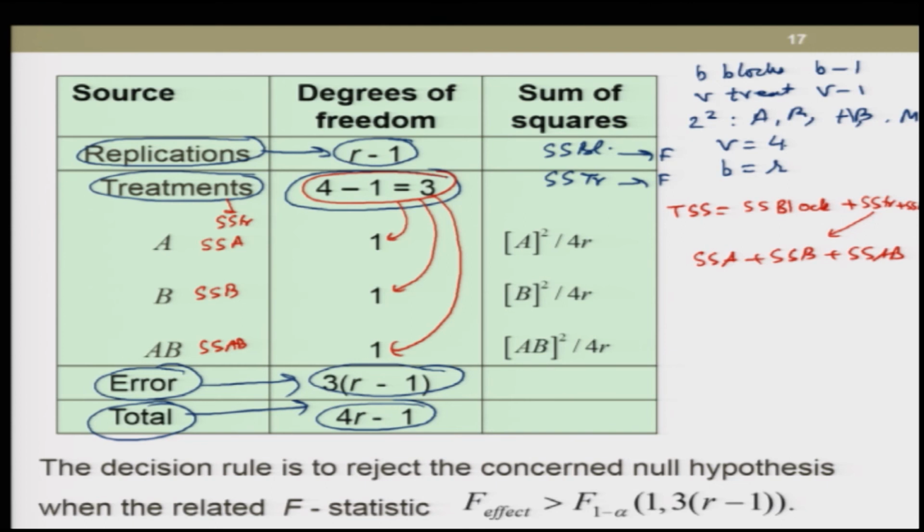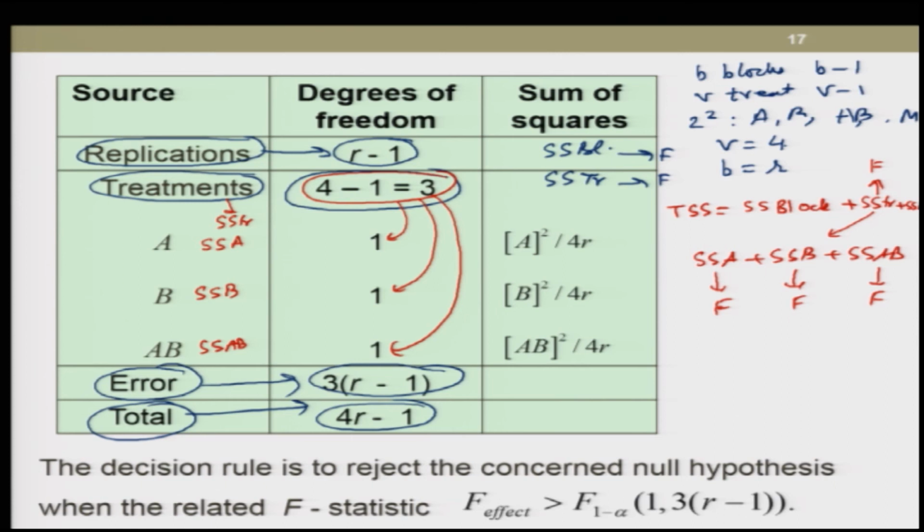And earlier you were having only one F statistics which was trying to compare all the factors, but now you have three different F statistics for A, B and AB. So, you can test the significance of individual components, that is factor A, factor B and interaction AB.